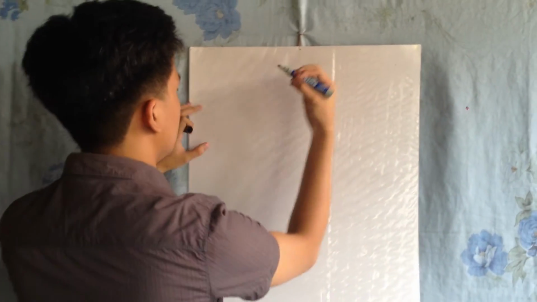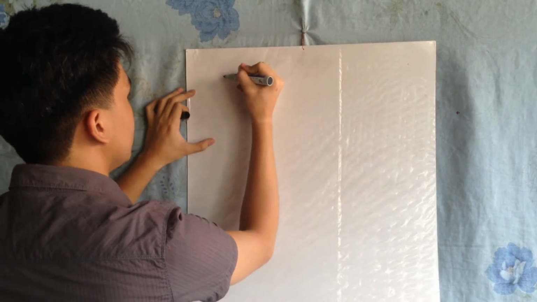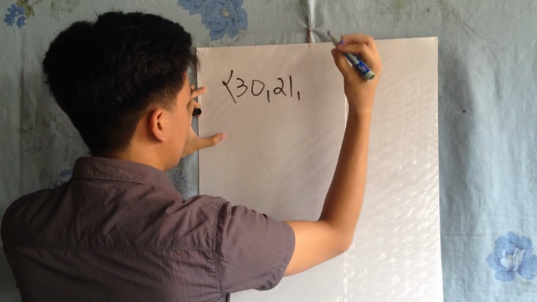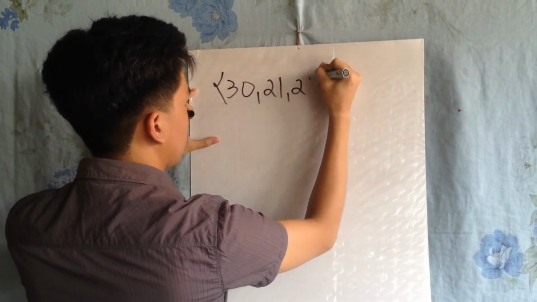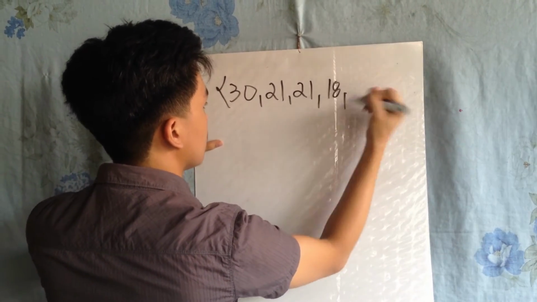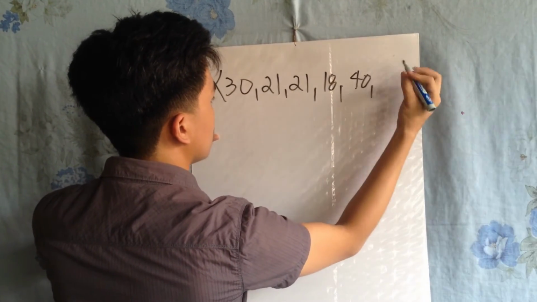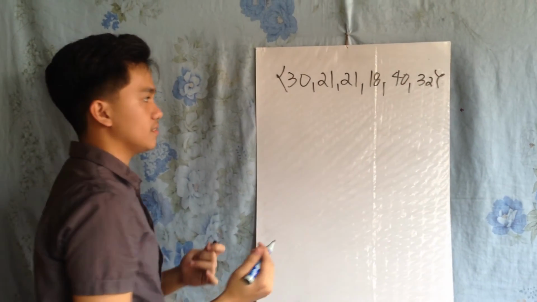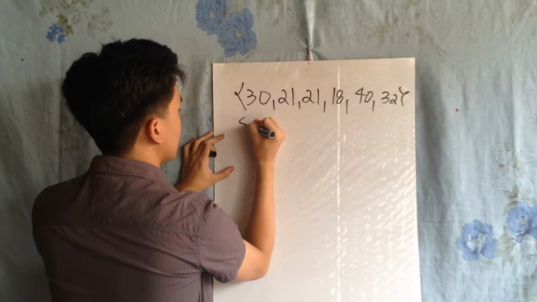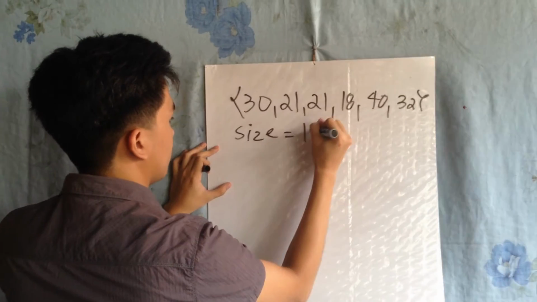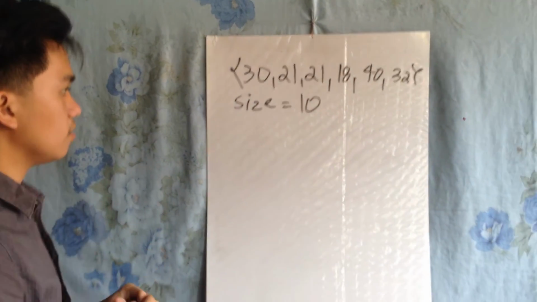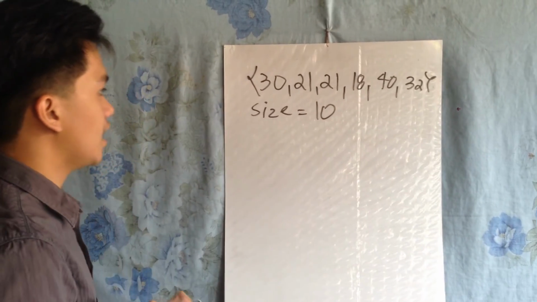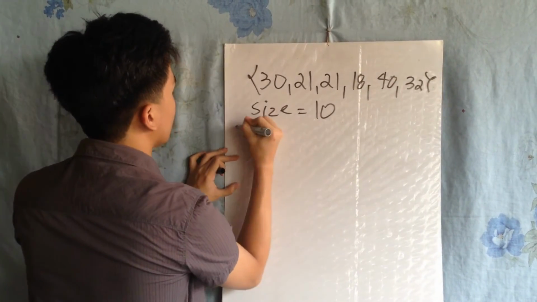So, meron tayong given key values na 30, 21, 18, 40, 32. And meron din tayong given size na 10.